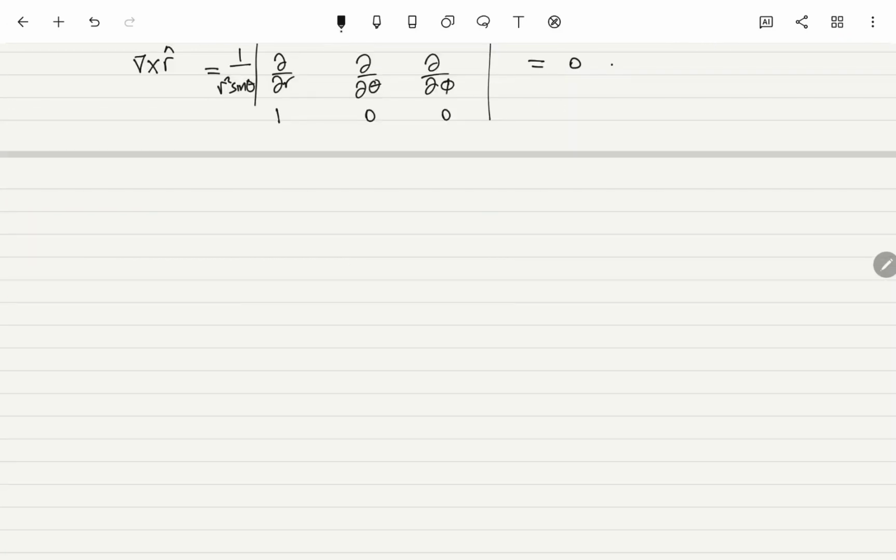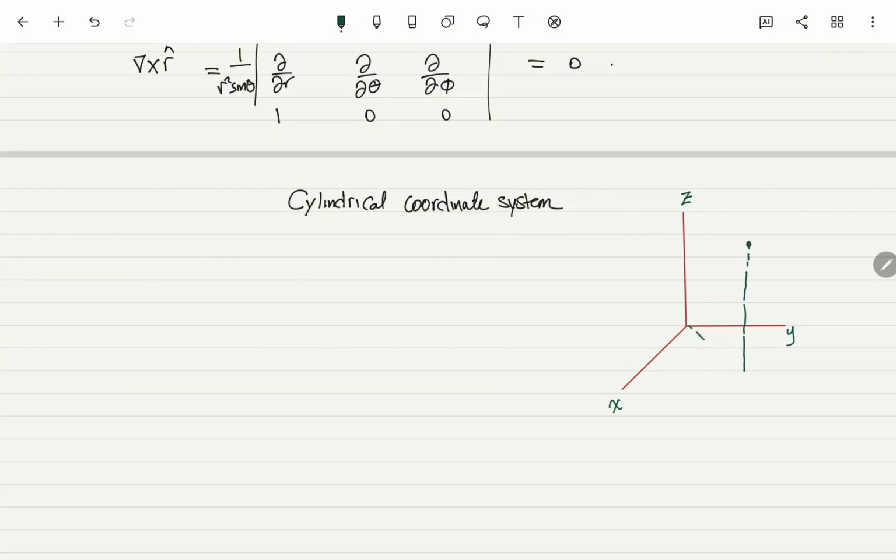Now, let's move on to the cylindrical coordinate system. If we have here x, y, z coordinates and a point P located here, this point P has an intercept in the xy plane like this one, and the intercept in the xy plane makes angle phi.